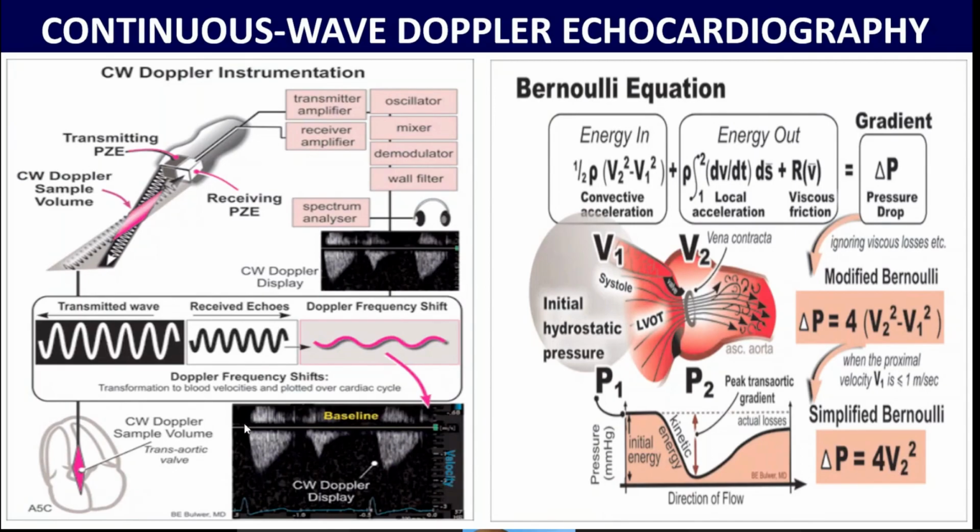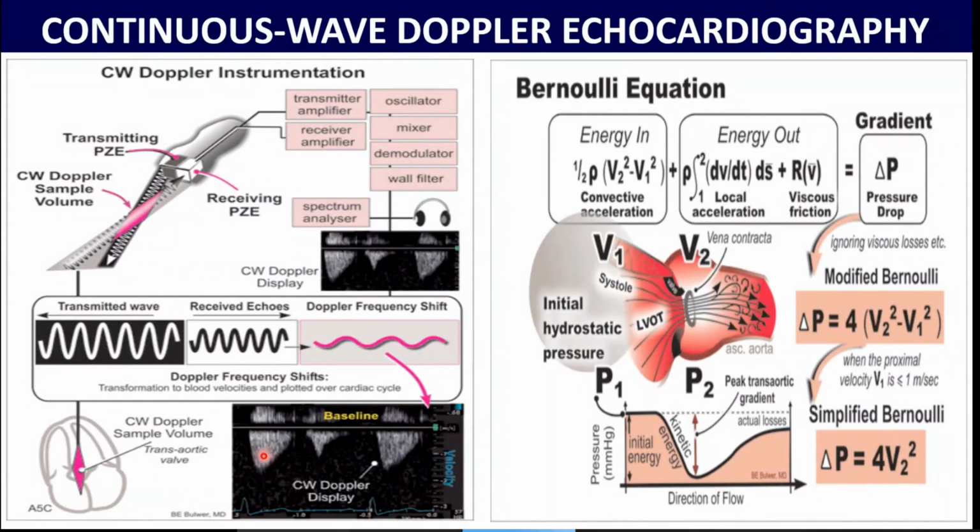Second, in pulse wave Doppler there is no range ambiguity, in the sense that you know where the velocity is occurring, but it cannot measure velocities greater than 2 meters per second. This is in contrast with continuous wave Doppler, where you can measure high velocities, but there is range ambiguity in the sense that you will not know exactly where the increased velocity is occurring.